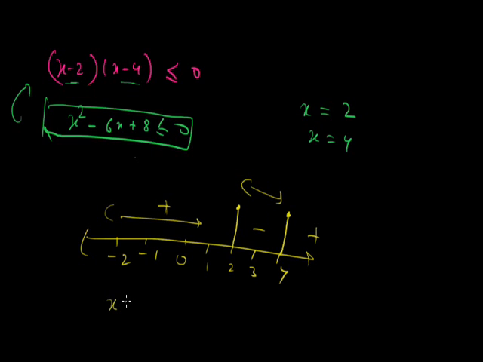Therefore the solution is x belongs to 2 to 4, right? And 2 and 4 are also included because of the inequality signs. So we change the bracket here to a square bracket. So the solution of this inequality is x belongs from 2 to 4, with 2 and 4 included. And this is the way to write the solution.